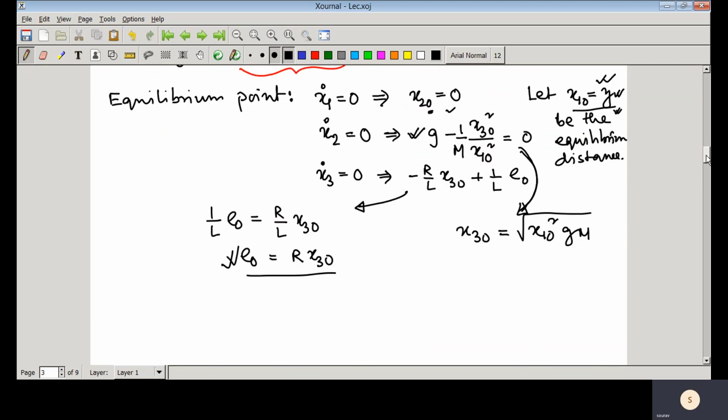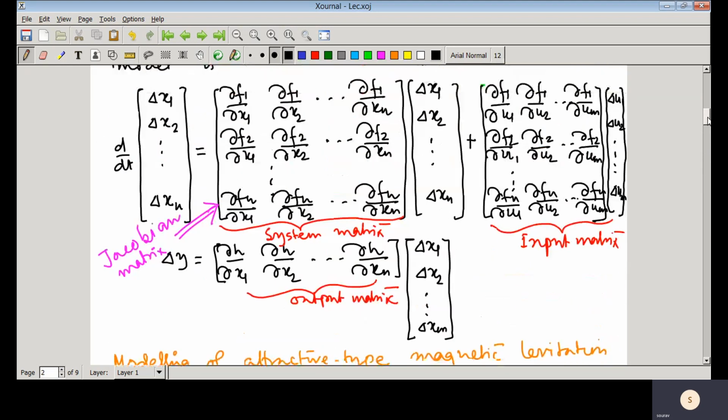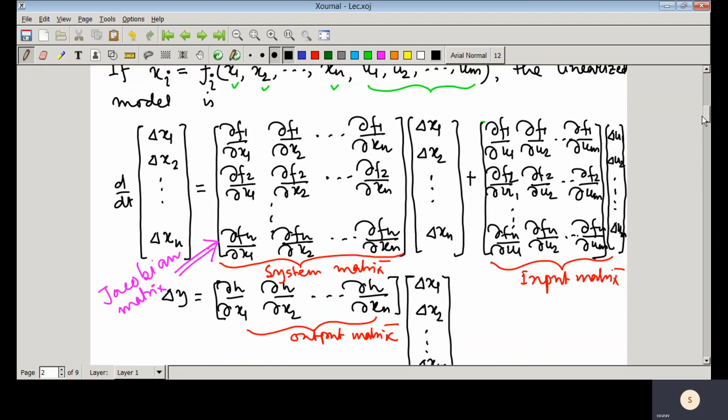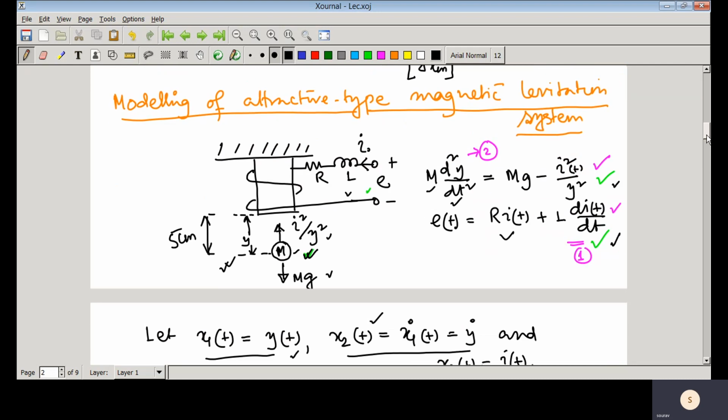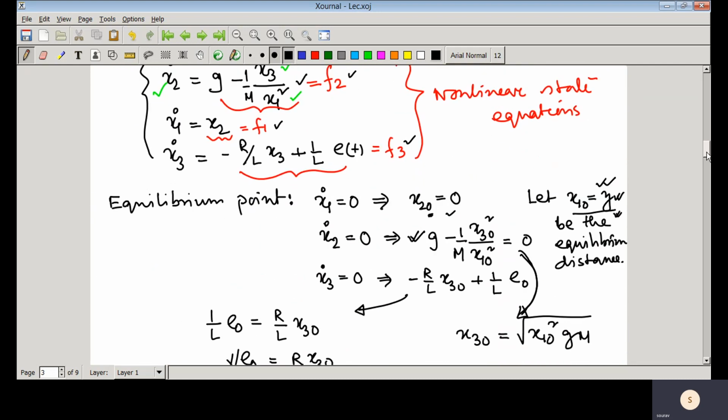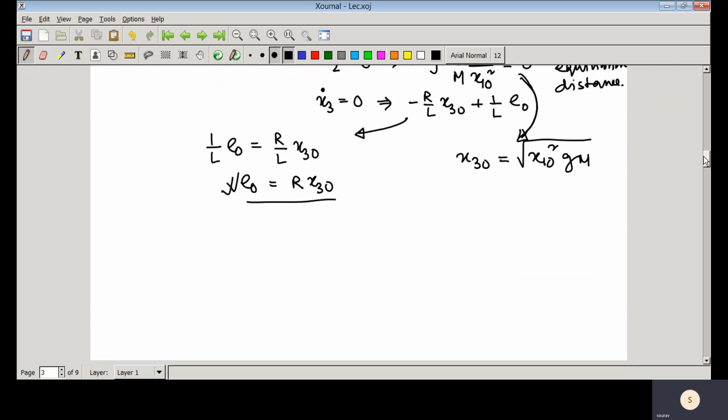Now if you look at the linearized model, you need to find del F1 by del X1, del F1 by del X2, and del F1 by del Xn. Here you have 3 state variables x1, x2, and x3. So we need to find del F1 by del X1.